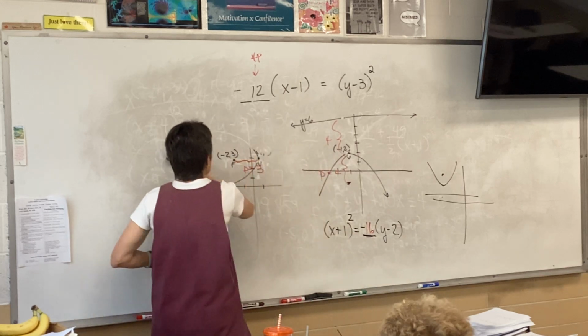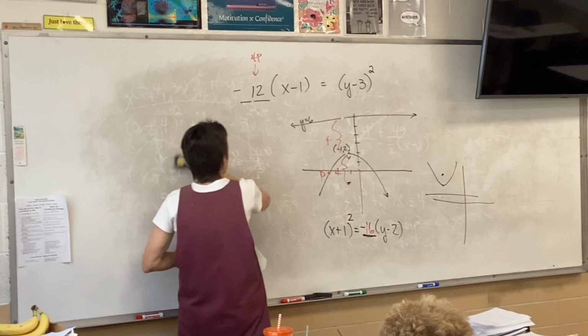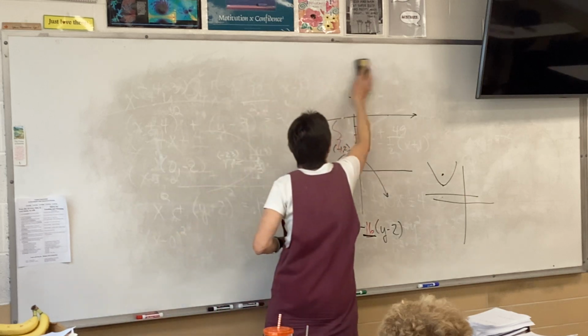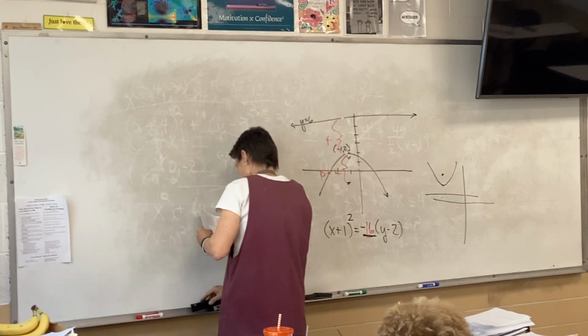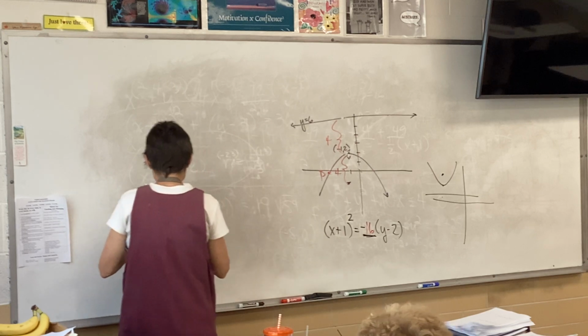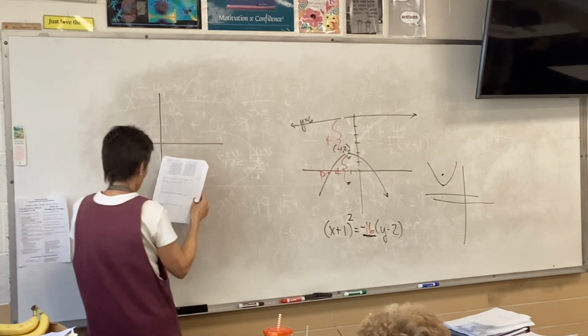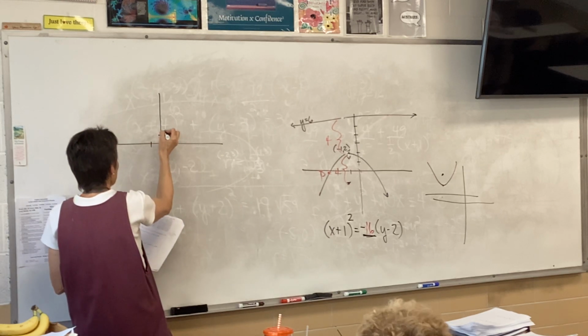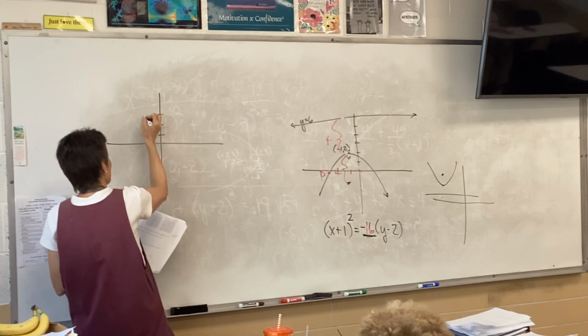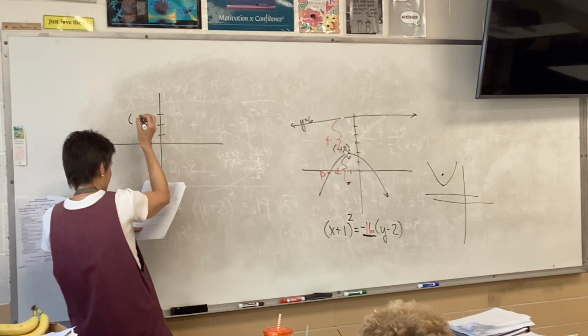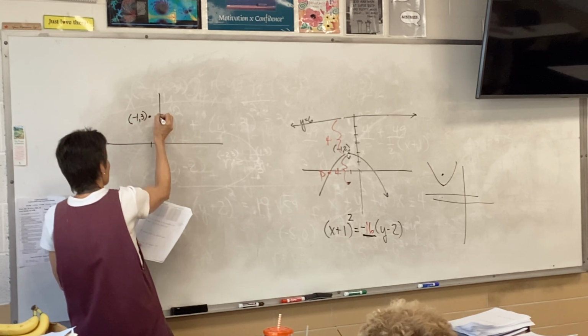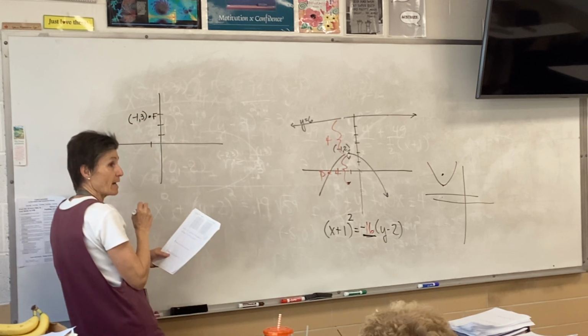Okay, let's look at the next one. I think a picture really helps. So that's why I left some room in there for you to draw a picture, kind of get a feeling for what's happening. So what do we got? We got a focus. You have to be careful. That's the focus at -1, 3. That's the focus. That's not the vertex.